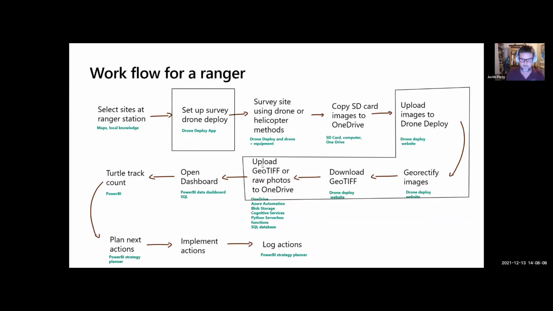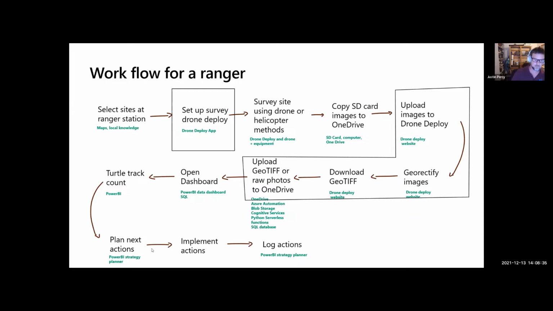But really what happens, from a ranger's workflow perspective, once those photos are uploaded into OneDrive, the next step is you get an open dashboard. The data automatically flows through the system, is analysed, is put into a database, and is thrown back up to a Power BI dashboard. This shows where the turtle tracks are, where the predation is, where the predator tracks are, and it puts it onto a map which you can interact with and have a look at.